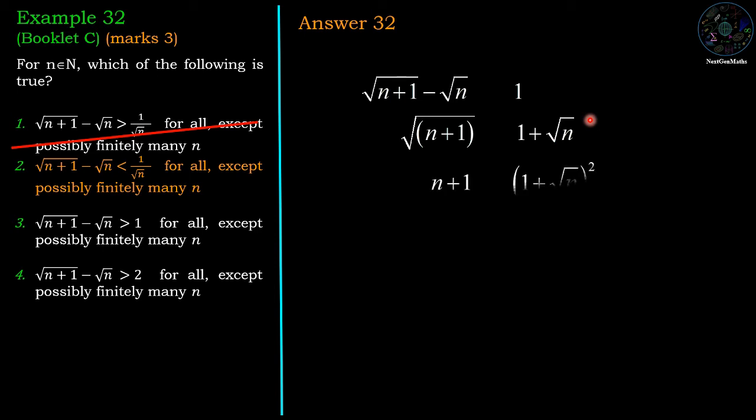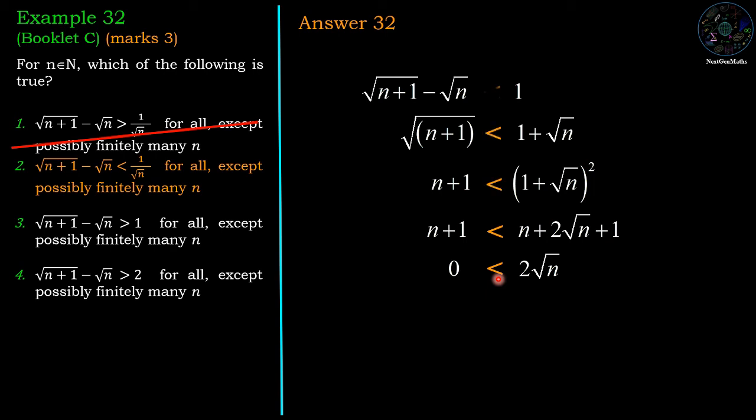By squaring both sides, now squaring this term, 1 plus square root of n, we get n plus 2 root n plus 1. n cancels with n, 1 cancels with 1. Then we have 0 and 2 root n. As n is a natural number, the last term gives 0 less than 2 root n, and all the terms are positive. It preserves the sign. So apply this sign on all the above terms.